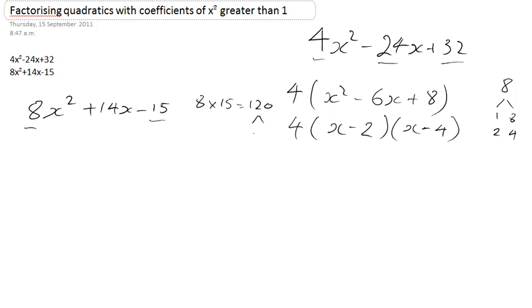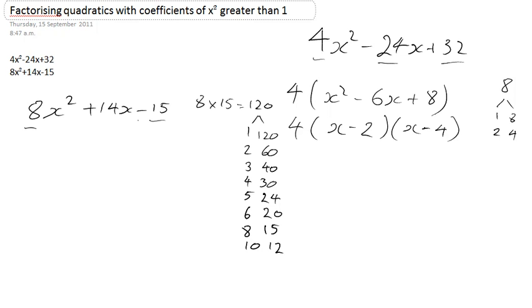And then I'm finding factors of that number, so that's 1 and 120, 2 and 60, 3 and 40, 4 and 30, 5 and 24, 6 and 20, 8 and 15, and 10 and 12. Right, so I'm looking for a pair of factors here.